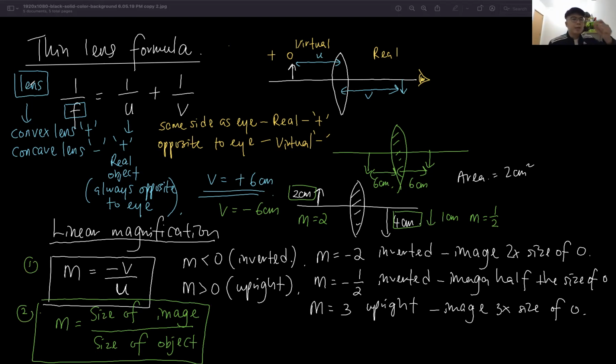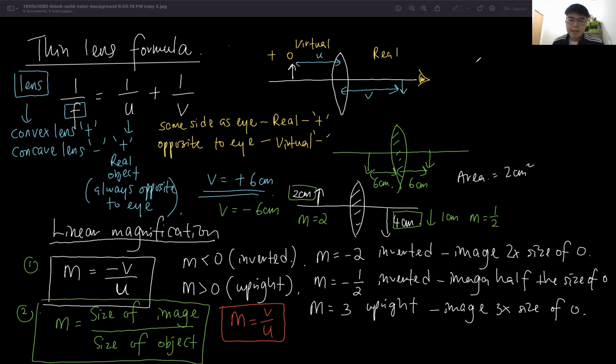Now, one thing I want to make clear, because some students are a bit confused. Why is there a negative in the magnification? In your reference book or textbook, sometimes you will see that the magnification does not have a negative, only V over U. Why does it sometimes have a negative and sometimes not? For those without a negative, like M equals V over U, they should have a graph to tell you whether it is upright or inverted.